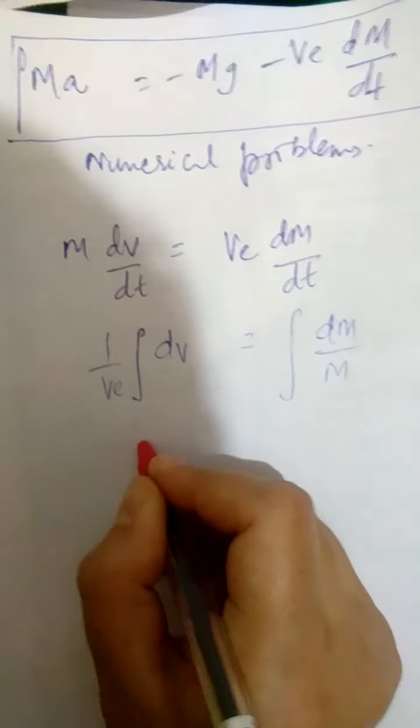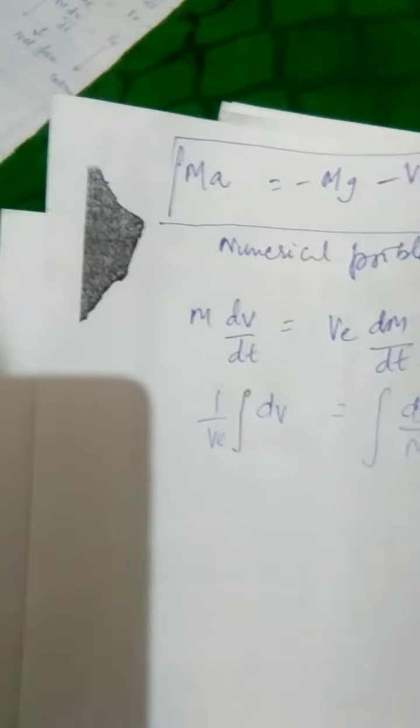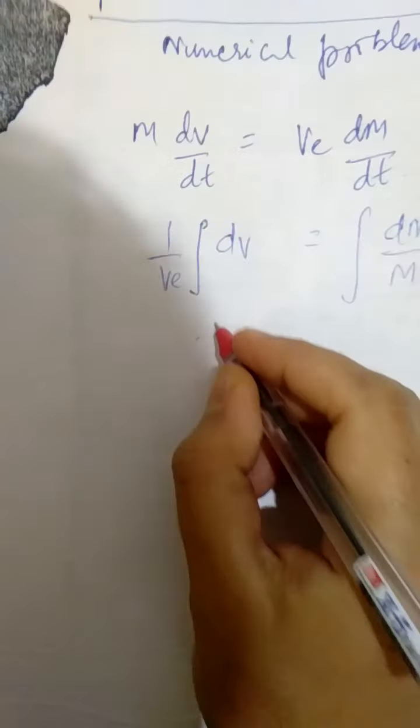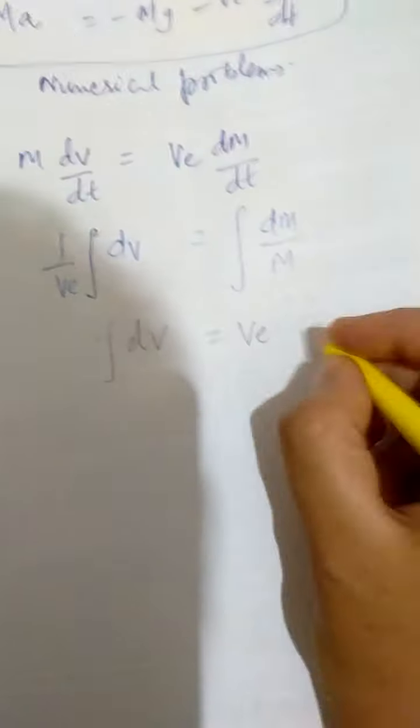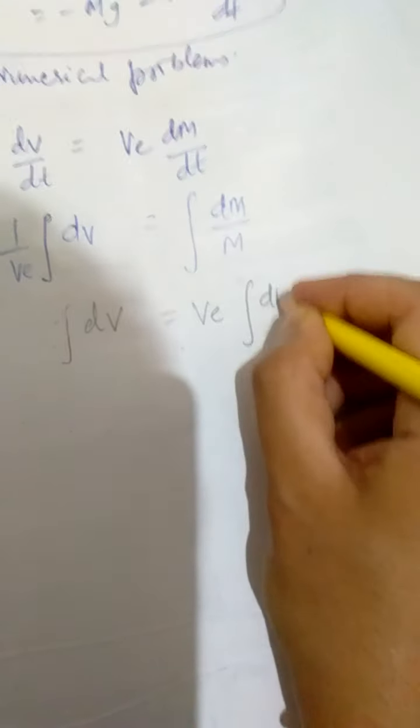Sorry, my pen is not working. So it is integral dv is equal to Ve times integral dm by m.